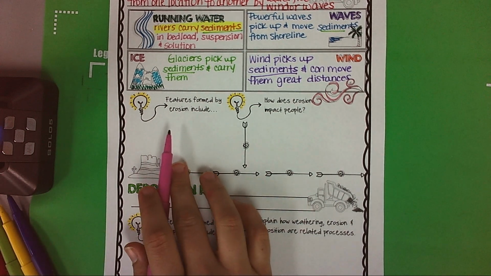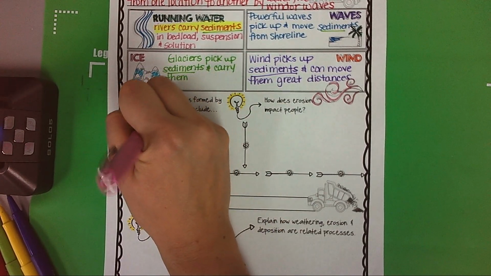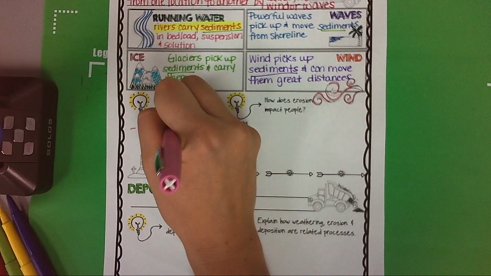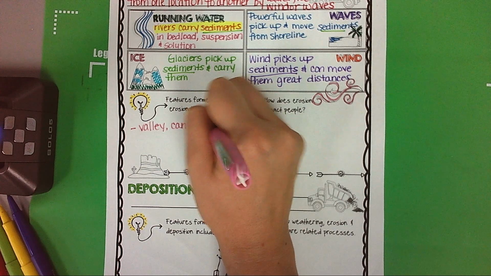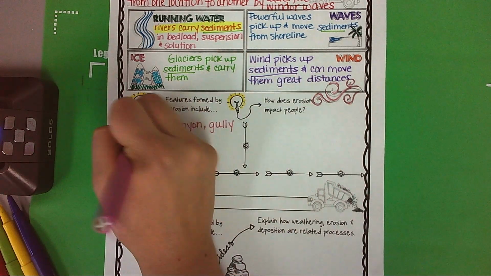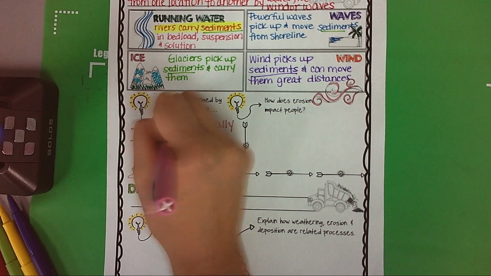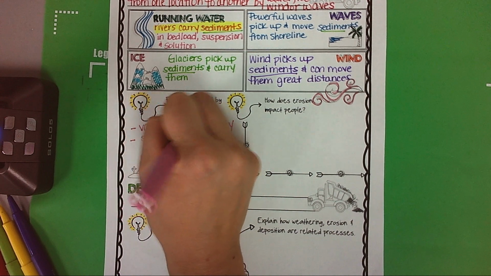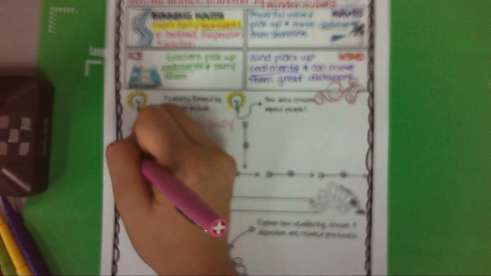All right, so what are some features that are formed by erosion? What are some landforms? All right, so we have a valley, or a canyon, or a gully. We have something that's called a sea stack. So think of rocks that are stacked up on top of each other.